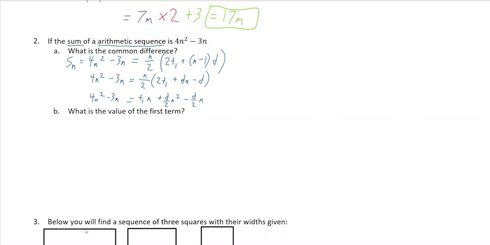Okay, now that we have that, I don't know if you'll be able to see it quite yet, but I'm going to try to make it obvious here by making the n's all in red, and changing the order of everything so that it looks the same. So maybe you can see it already, and maybe not.